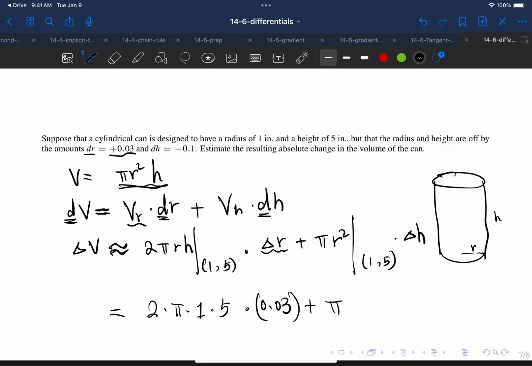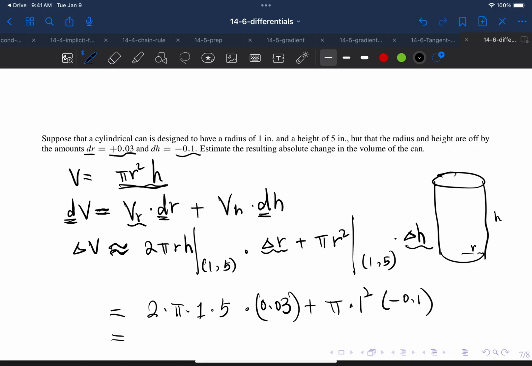And R squared is 1 squared. So if we compute, oh, sorry. Yes, I forgot to write delta H, which is negative 0.1.